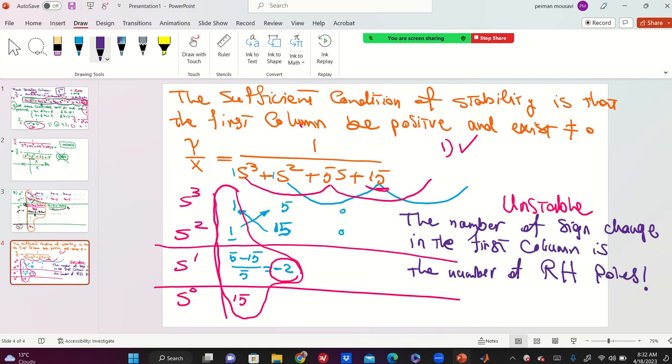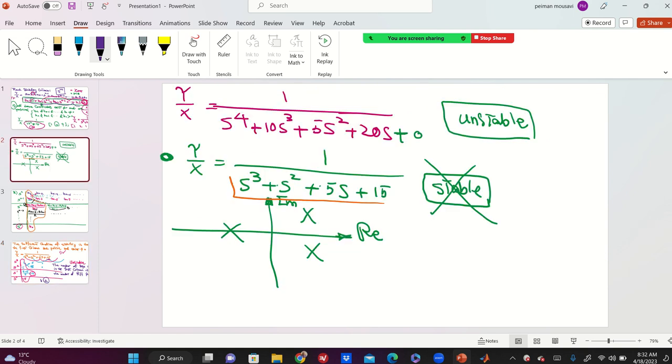Okay, guys. From 1 to 1, no sign change. From 1 to minus 2, 1 sign change. From minus 2 to 15, 2 sign changes. So you have 2 right hand poles. As we saw, it's correct. 2 right hand side poles.